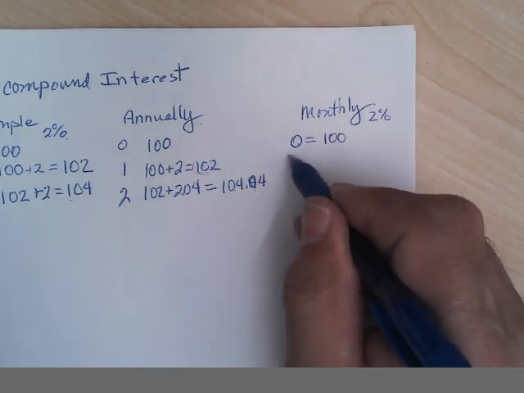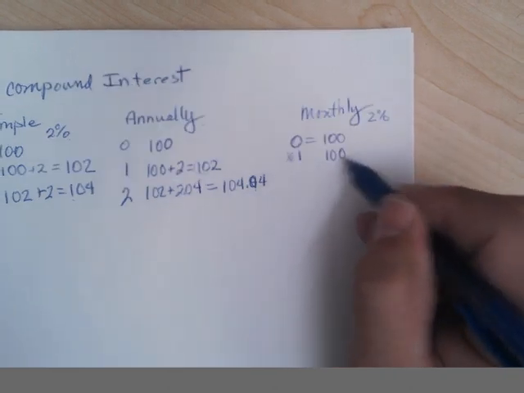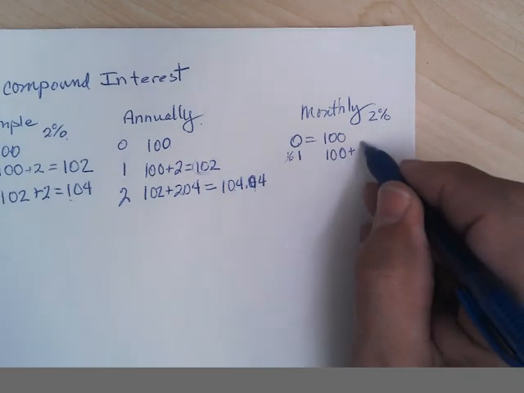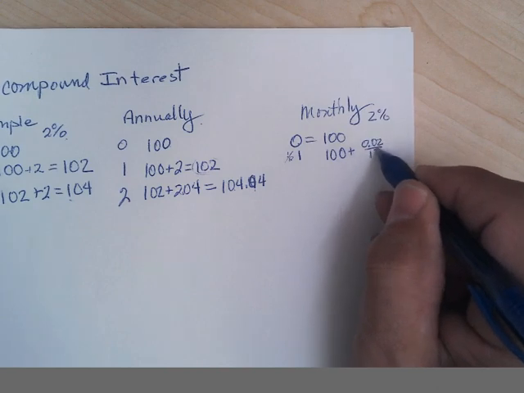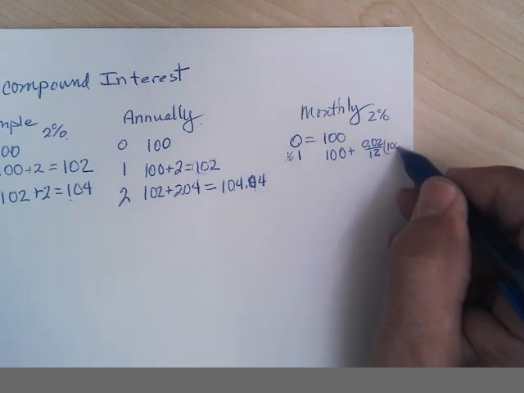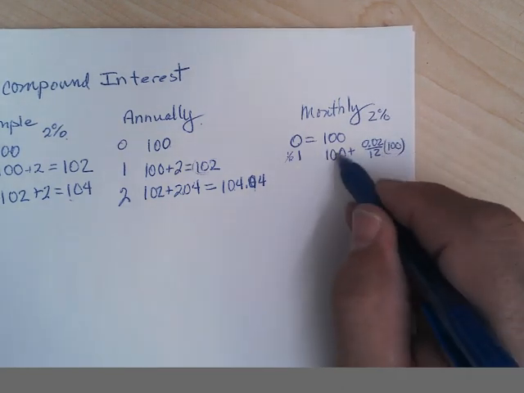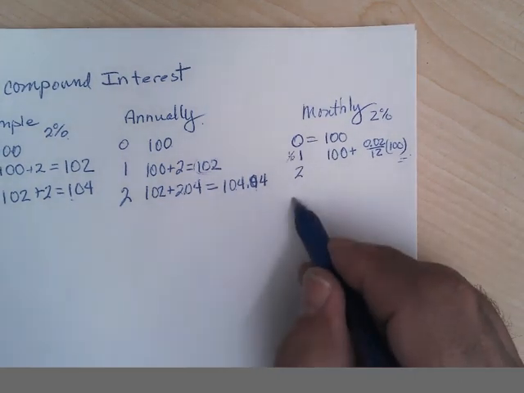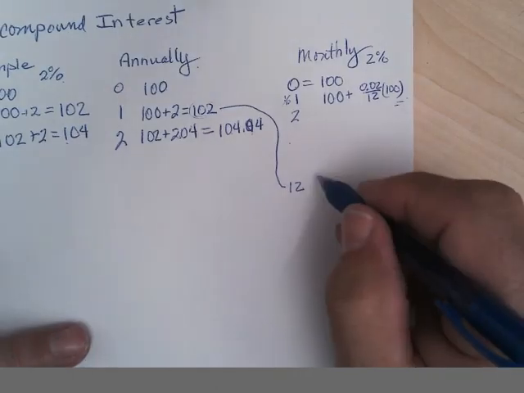And after 1 month, which is 1/12 of a year, I'm going to have $100 plus 1/12 of 2%, so 0.02 divided by 12 times 100. That'll be my interest on it after 1 month, added to this, and I'd have my new amount. Then after 2 months, and I'm going to have to go clear to 12 months to have my 1 year.